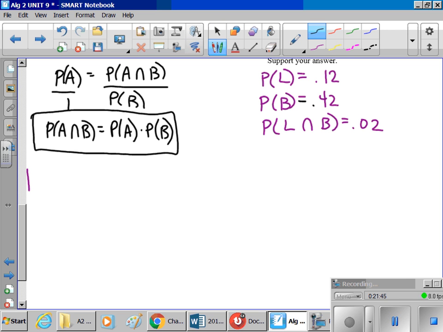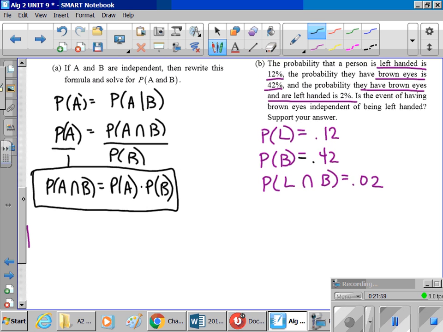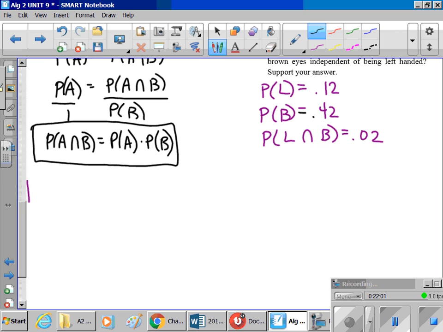So what we're saying is the old way says, what are they asking us for? Is the event of having brown eyes dependent on left-handed? So the probability of brown eyes given left-handed is equal to the probability of both over the probability of left-handed.